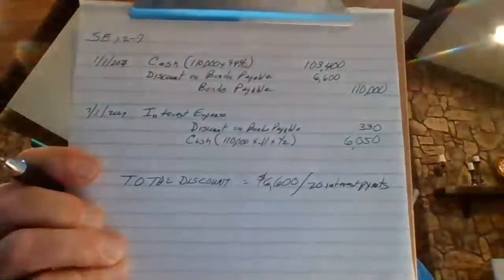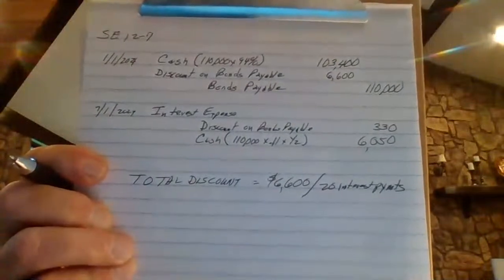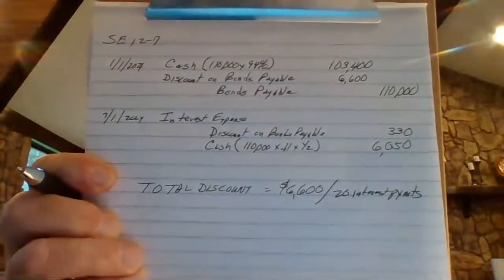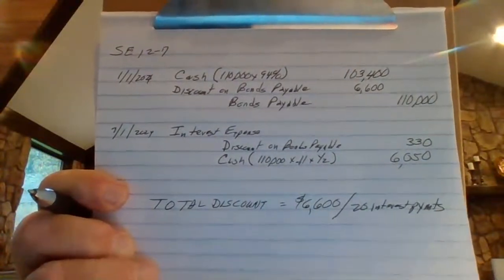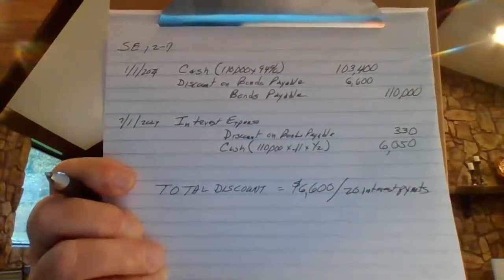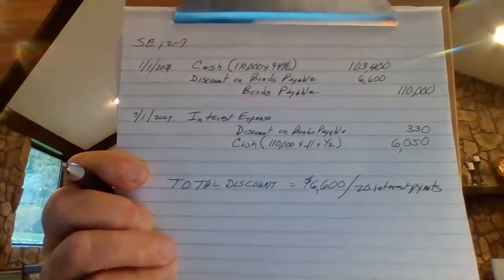So I divide that $6,600 discount by the 20 interest payments, and that's the straight line method for amortizing the discount. What that does is charge an equal amount each interest payment, which is not the correct way of doing it. They only do it in textbooks.